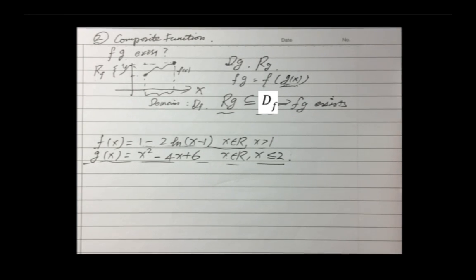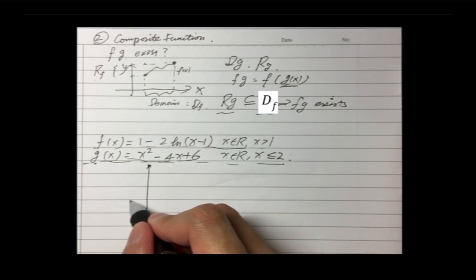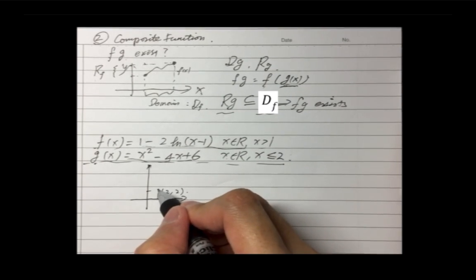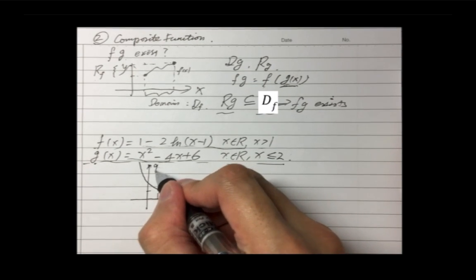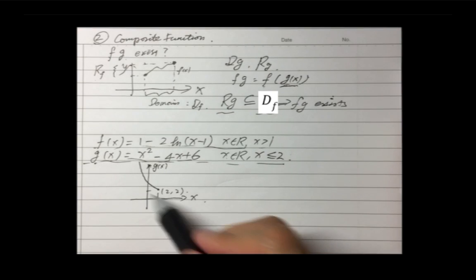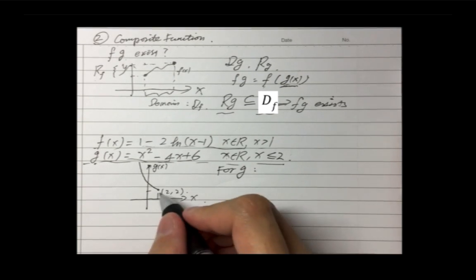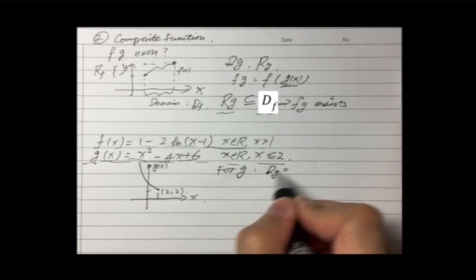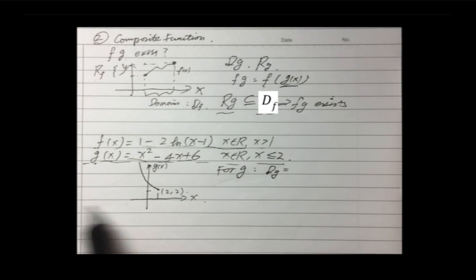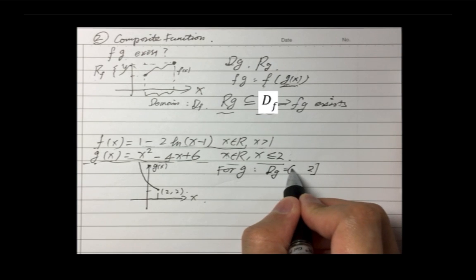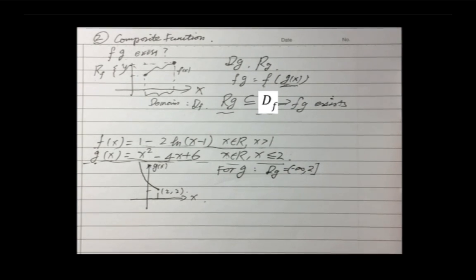What is our Rg? We have already drawn this graph out in our previous part. We know the lowest point is (2, 2). So this is the lowest point, and this is g(x). For g, its domain is all the way less than or equal to 2, all the way to negative infinity.